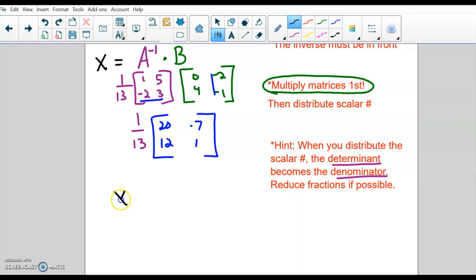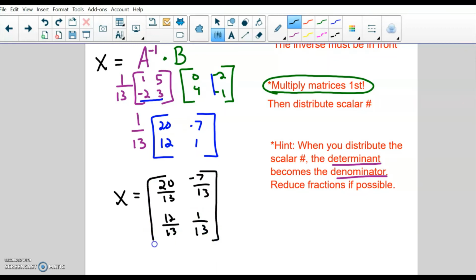So our final answer for the solving of this matrix is 20 over 13, negative 7 over 13, 12 over 13, and 1 over 13. And that is solving an equation using an inverse.